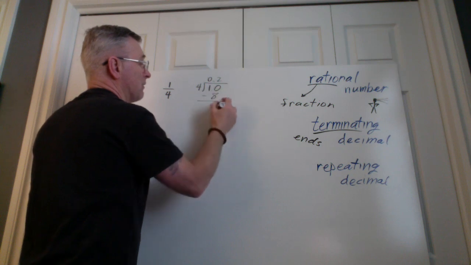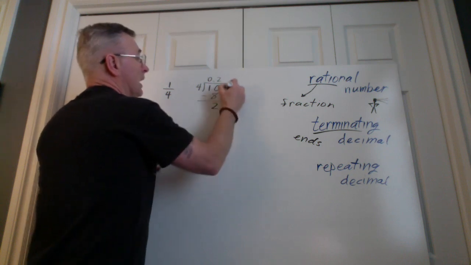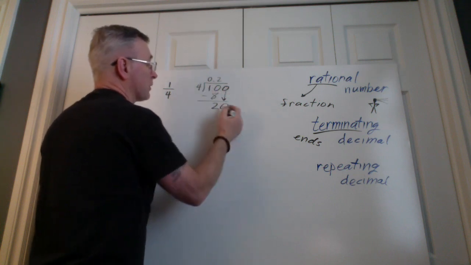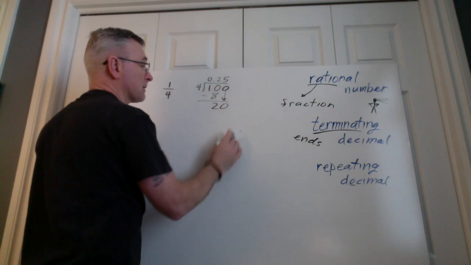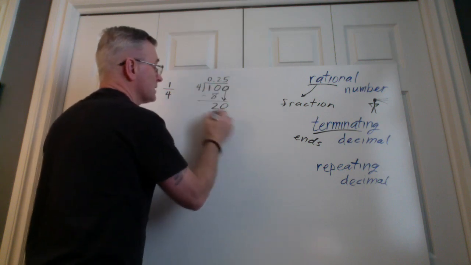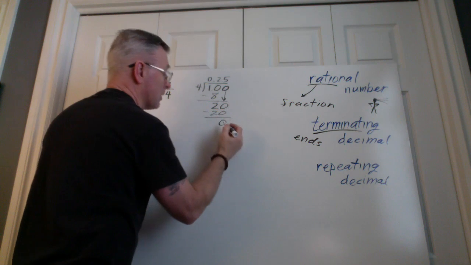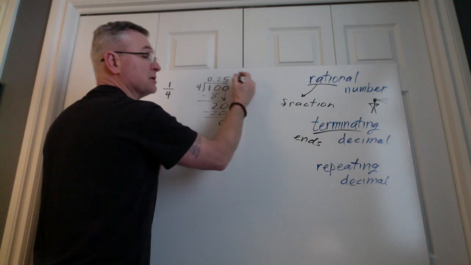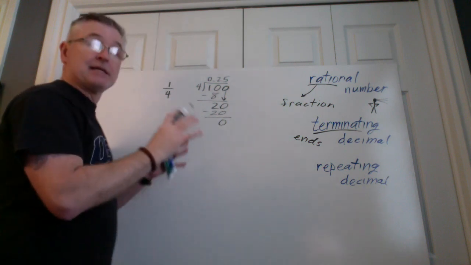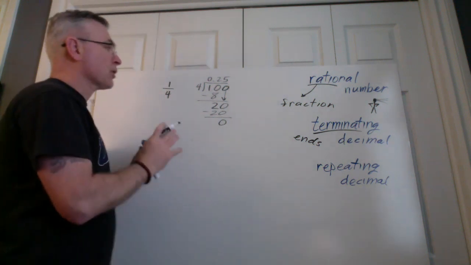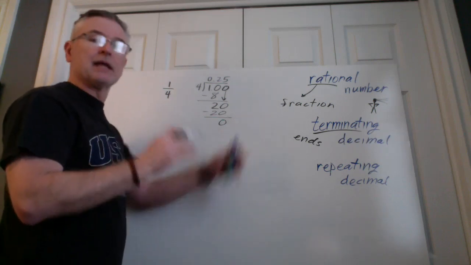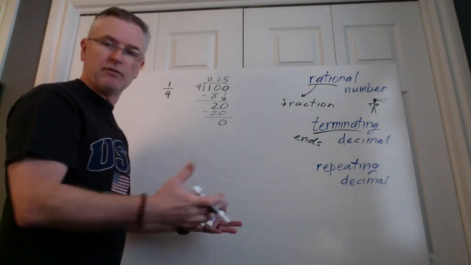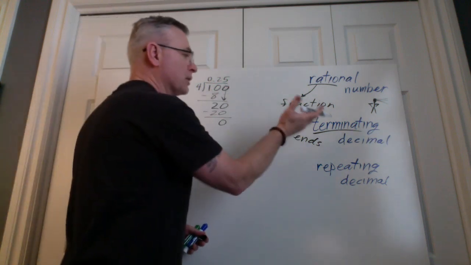I'm going to annex another 0, bring it down like this, and then 4 goes into 20 five times. 5 times 4 is 20. That's a subtraction problem. 0. So my remainder now is 0, and here I come down, I bring my other annex, and it's just going to be 0, 0, 0, 0, 0. This has ended. This is a terminating decimal because it ends. The repeat is a 0, and we don't really count that as repeating because there's no value out there. It's just an ending or a terminating decimal.